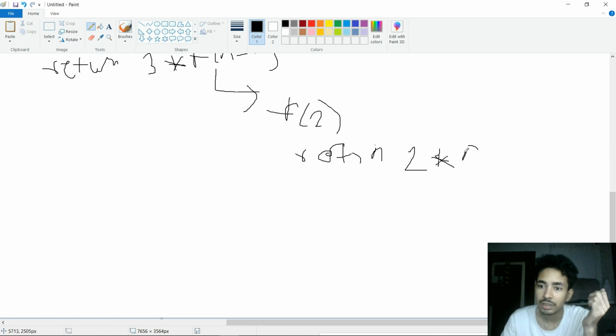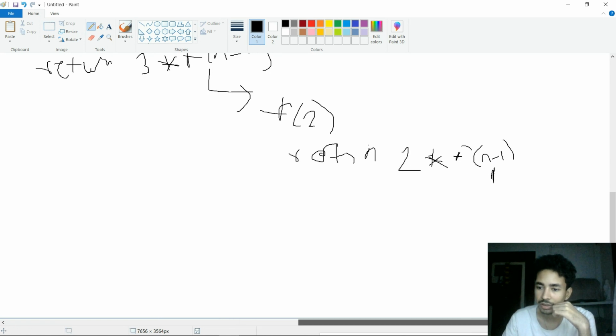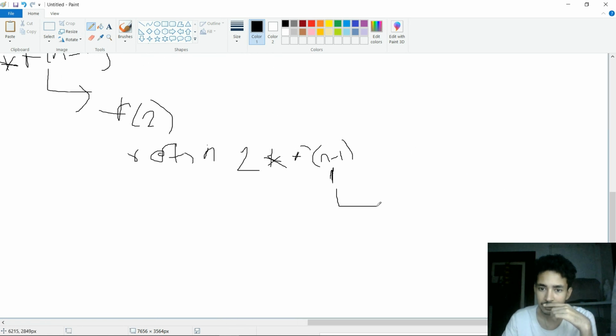And this n minus 1, here we will get n minus 1, which is nothing but 2 minus 1. Yeah, it is 1. And then it will keep calling one more function, like f of 1.